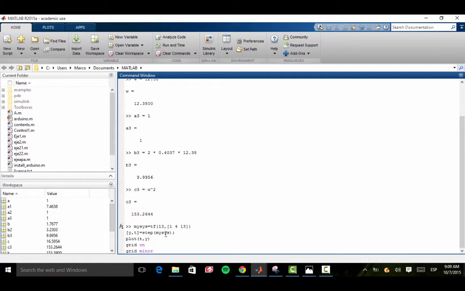So for the transfer function, we put the values we just declared.